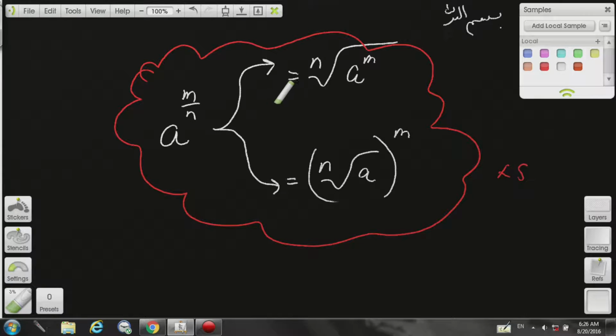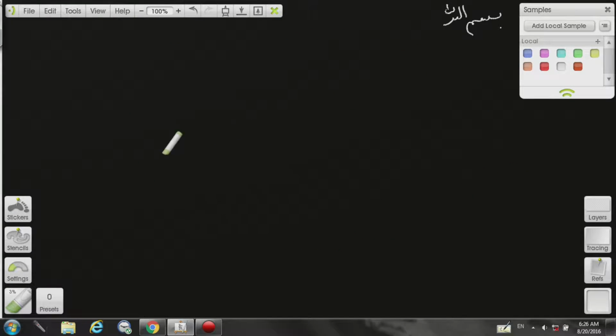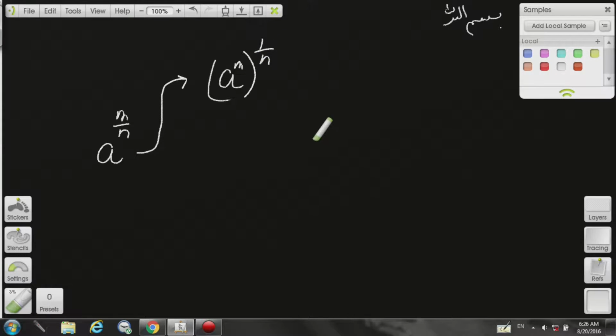Okay, let's move on. Now, why is that? So, that's easy enough to explain, inshallah. So you can write this a to the m over n as a to the exponent m times 1 over n, correct?